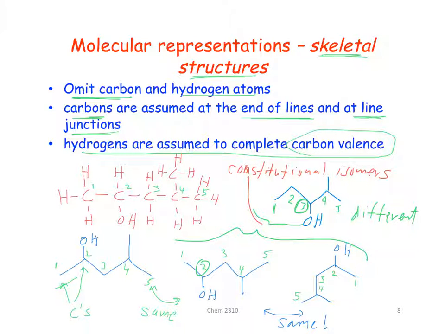Just like we saw before, these bottom three are all the same. Compared to the one on the upper right, we have the same molecular formula, but the connectivity is different. So they're constitutional isomers.